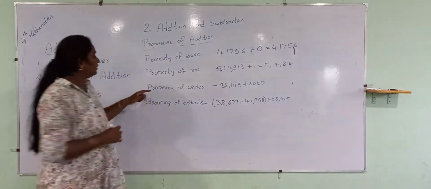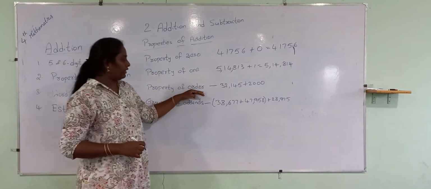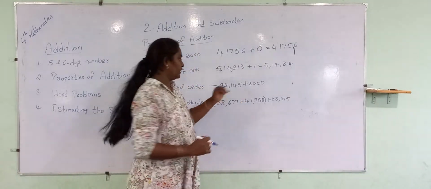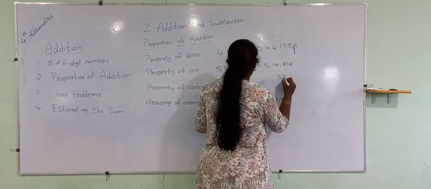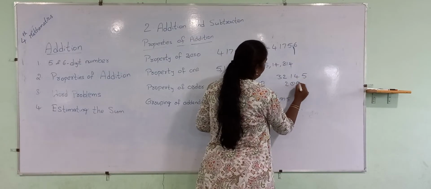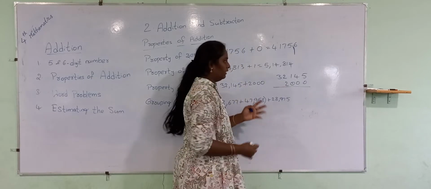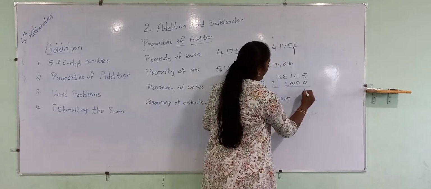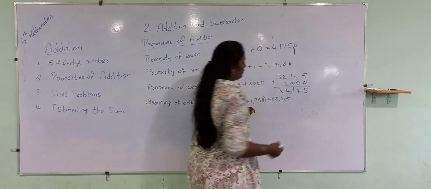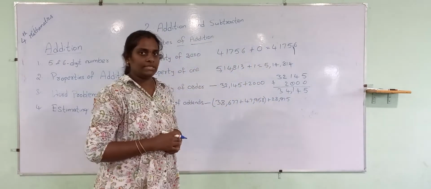Okay? Now, property of order. We'll add these two numbers first. 32,145 and 2,000. Do the addition. 5, 4, 1, 4, 3. 34,145 is the sum.